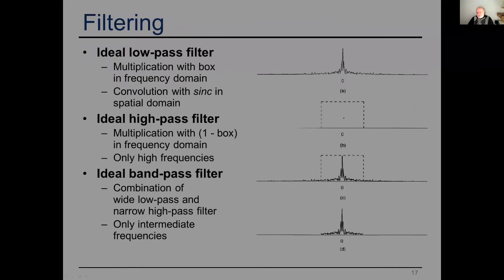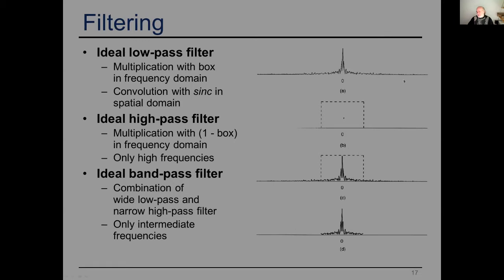Yes, and so filtering, as I essentially just said, if you have a function here and we want to do a so-called low pass filter, this is a filter which throws away all the high frequencies, and that corresponds to a multiplication with a box function, right?